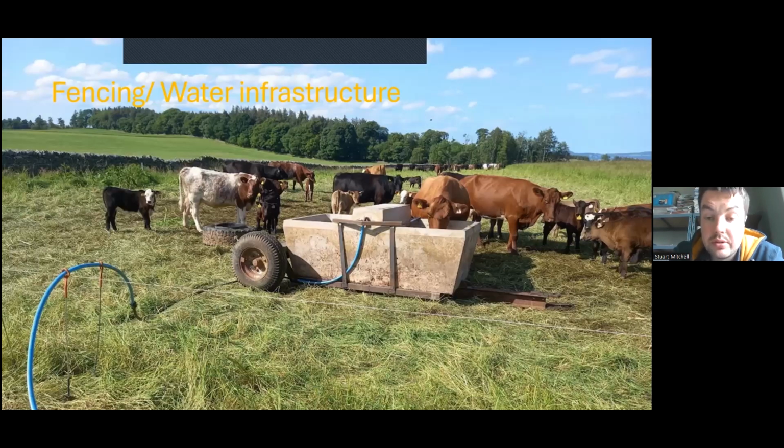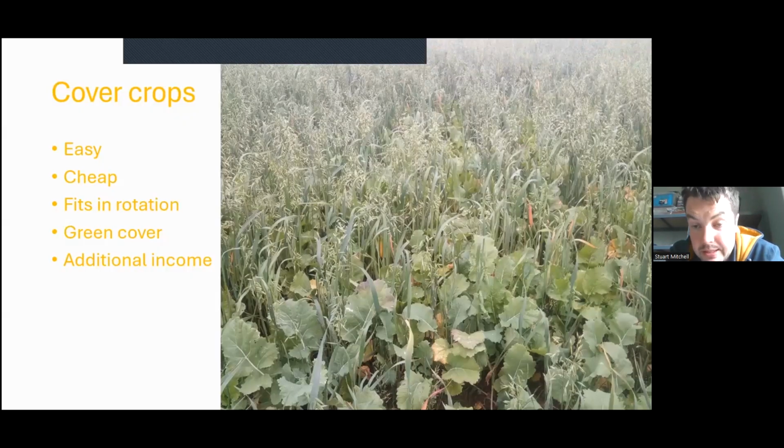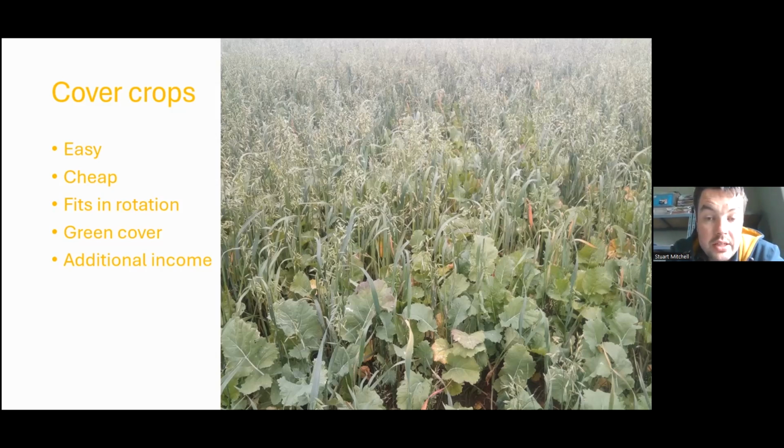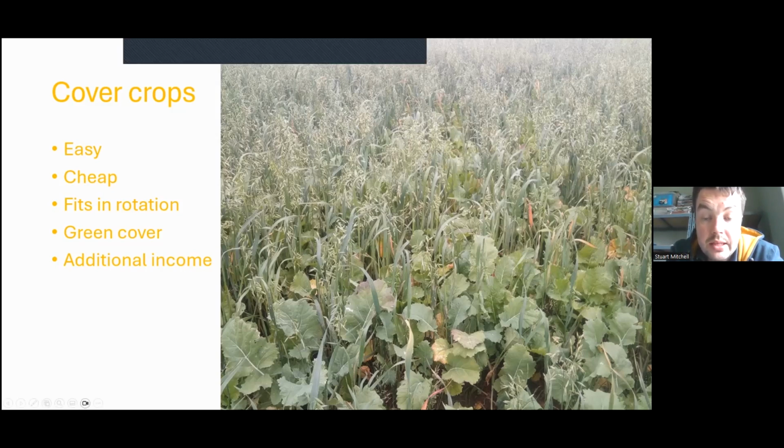Just the last point on that was income, additional income. There's quite a lot of people who do bed and breakfast lambs, where you just get stock from somewhere else in to eat a cover crop. So the cover crop will do the benefit for the arable farm by doing its thing, putting roots down, keeping it green.